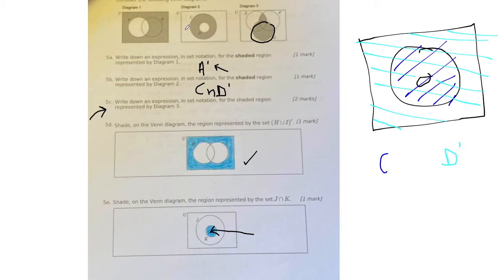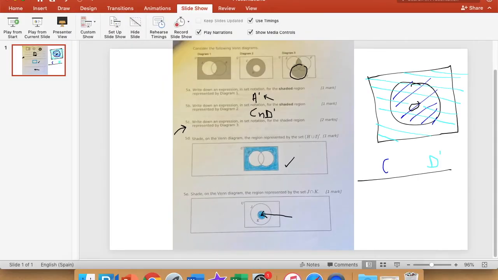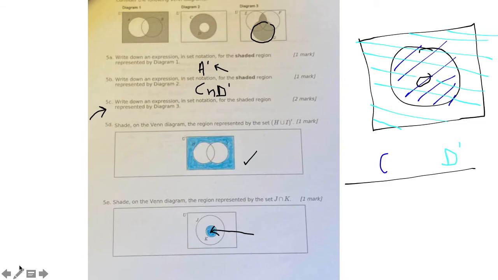Now let's go back to diagram 3, which is 5C, and have a little bit more of a think about that one. It's all to do with the intersections. So, there'll be a couple of ways of answering the question for 5C.